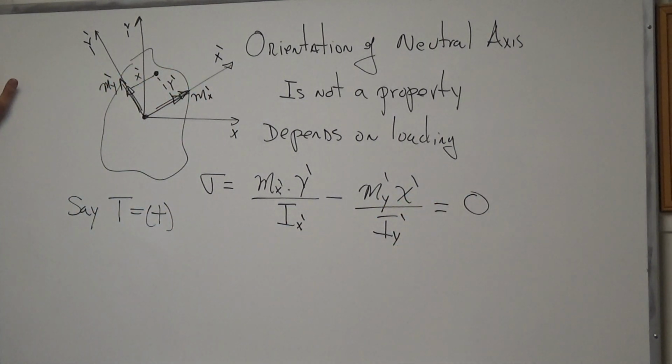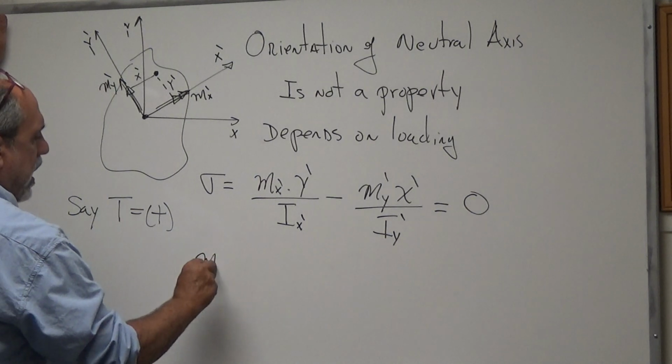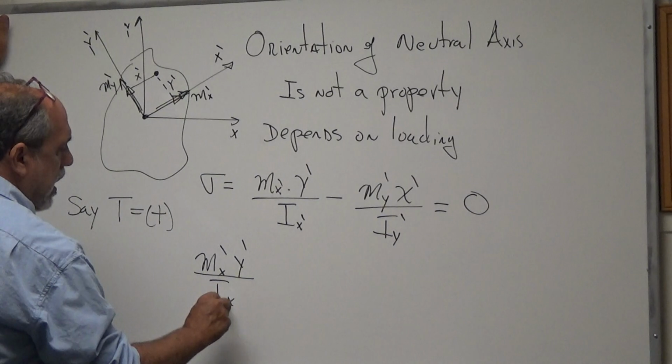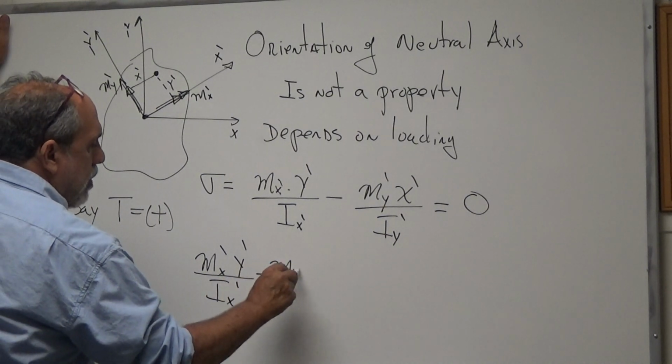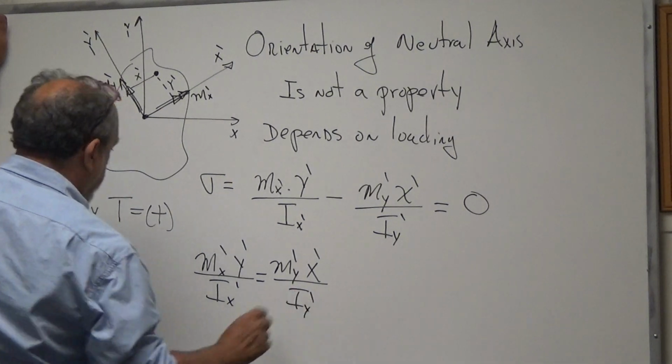And in order for me to find the orientation of the neutral axis, I want to know where that thing is equal to zero. So if it's equal to zero, this is equal to that, and therefore Mx prime times y prime over Ix prime is equal to My prime times x prime over Iy prime, right?